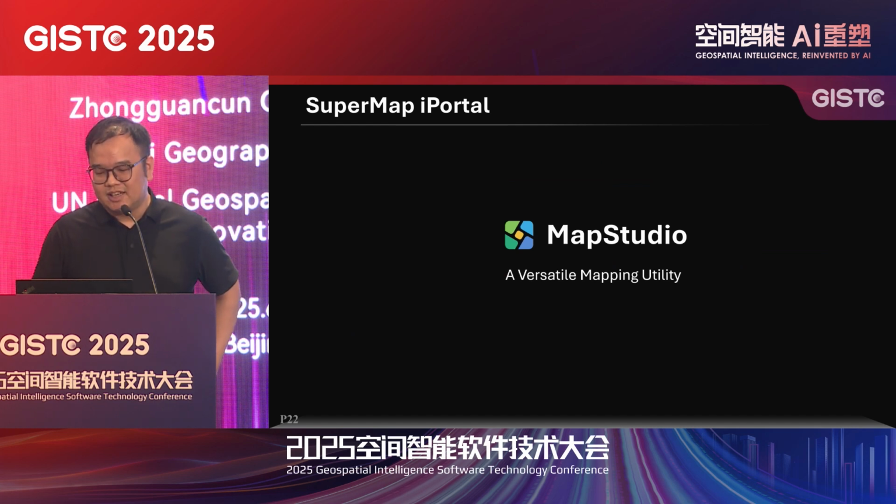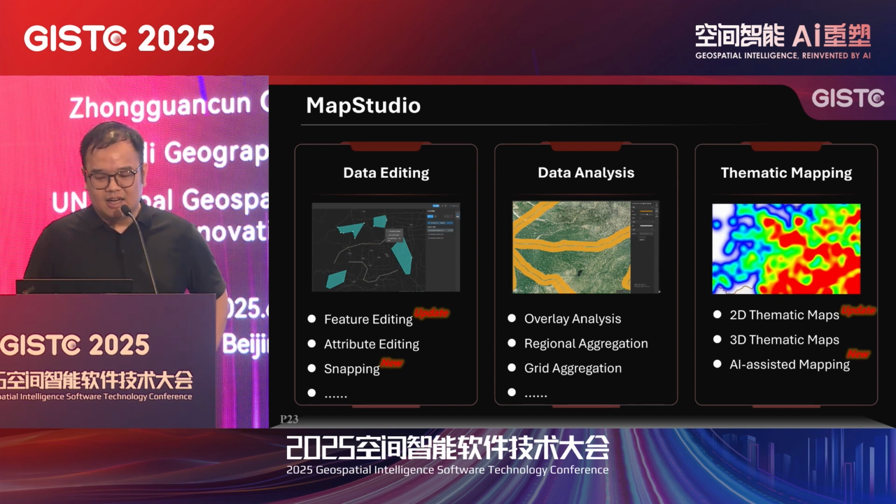Because of the time, I can only introduce some of our web apps. The first one I want to show you is called Map Studio. This one is a very powerful and versatile mapping utility. As the name suggests, it allows you to make all kinds of maps from your geospatial data. Within the app, you can do data editing, data analysis, and mapping with different styles.